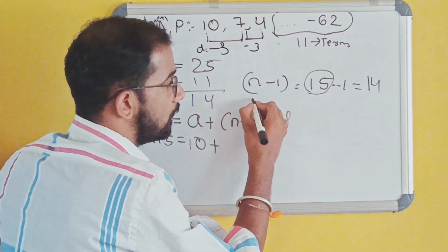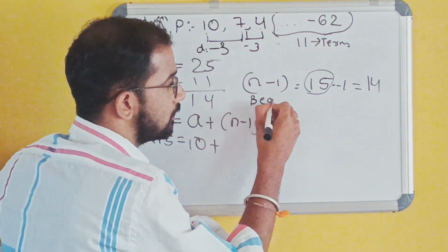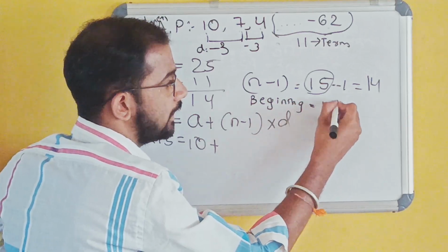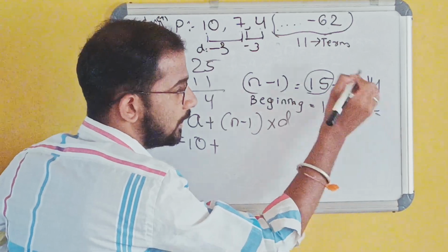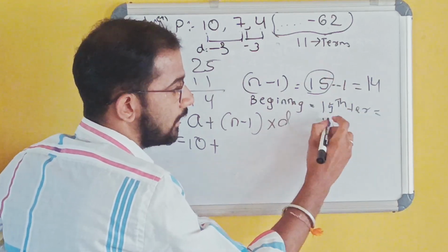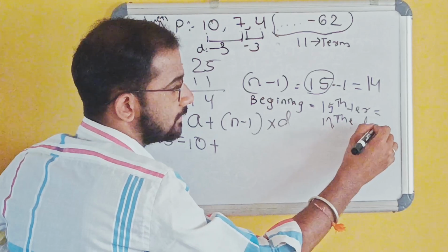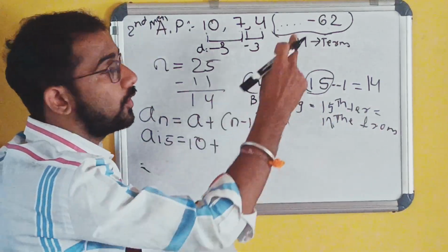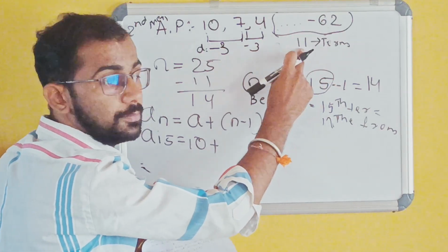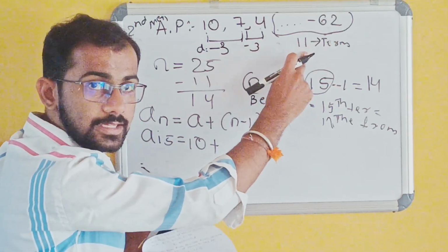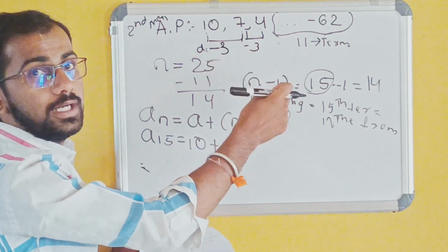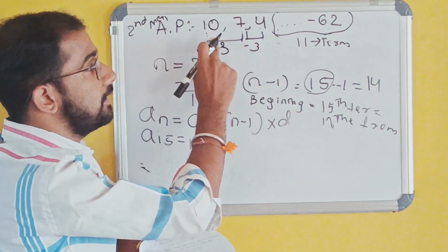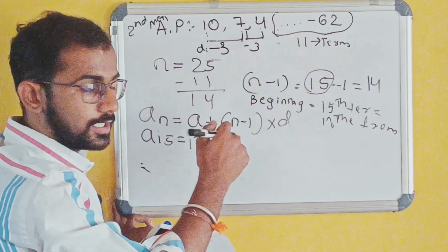See here, from the beginning it is the 15th term, which will be equal to the 11th term from last. If you start counting from the last term, this will be the 11th term. If you are counting from the starting 10, it will become the 15th term.